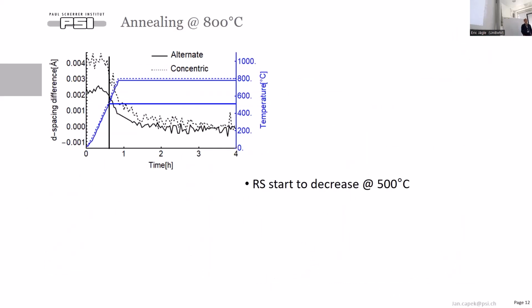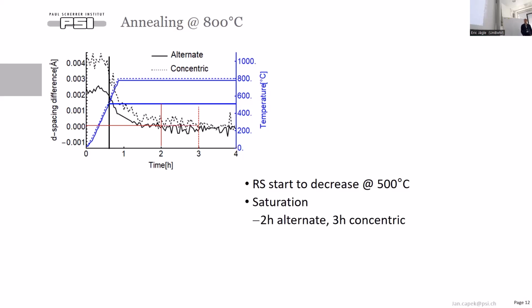As I mentioned before, the concentric sample had much higher residual stresses in the center, which is again observed here as the higher difference at the beginning. We can see that after 2 hours of annealing, the alternate sample got some saturation.